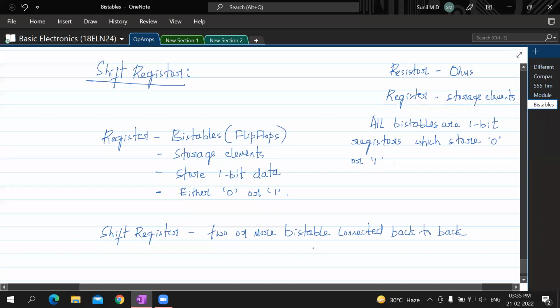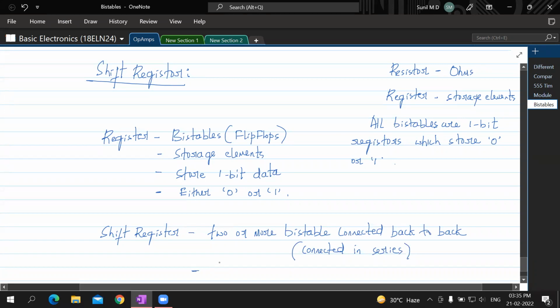Connected back to back means connected in series. Understand that? We say it is connected in series.